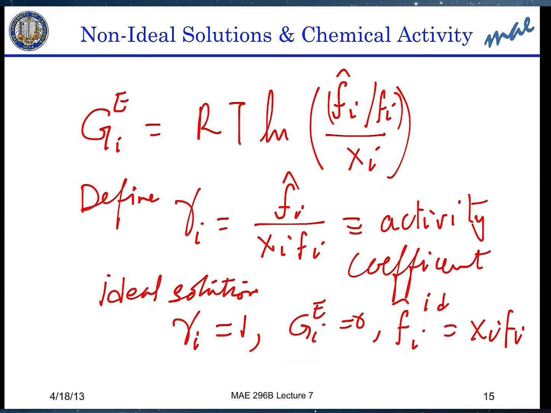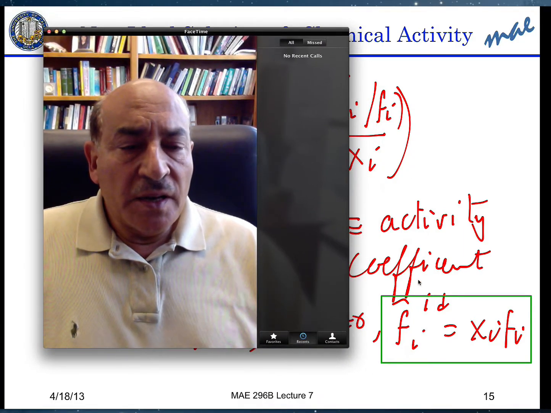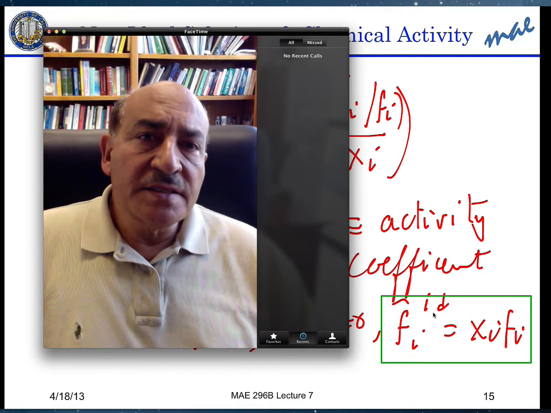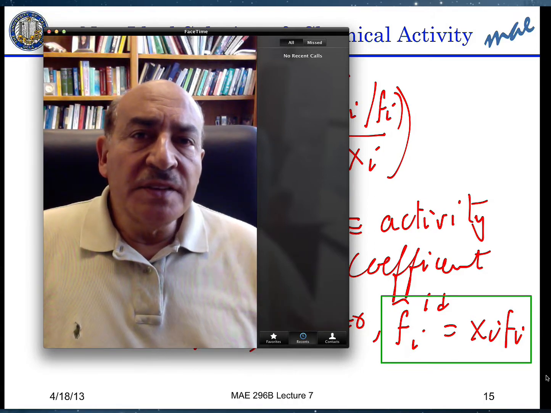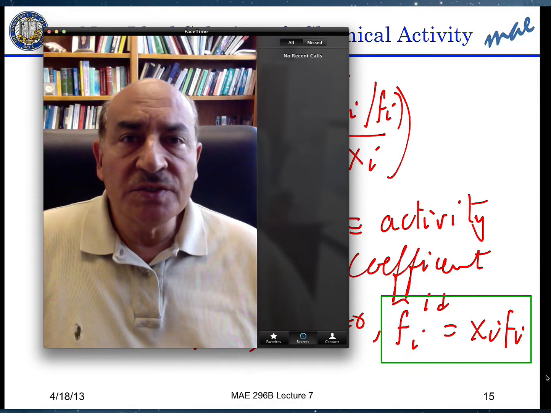I'm going to highlight this last point here: if you have an ideal solution, then the fugacity in solution for an ideal system is equal to its molar fractional concentration times the fugacity of the element in the unmixed state, which is not in solution.